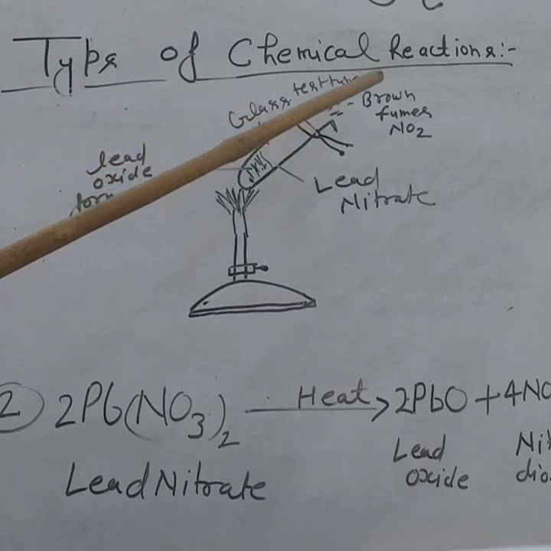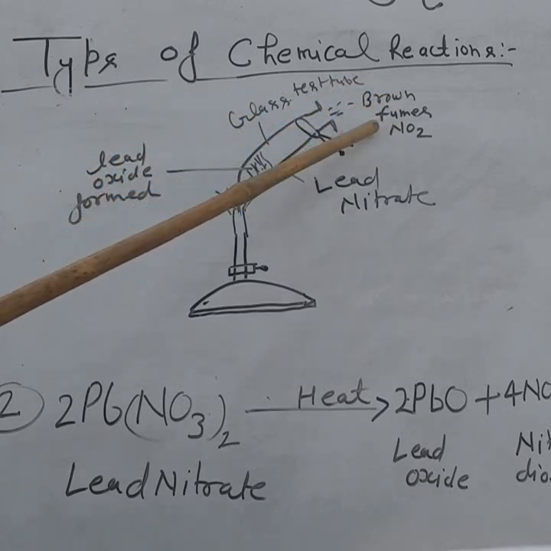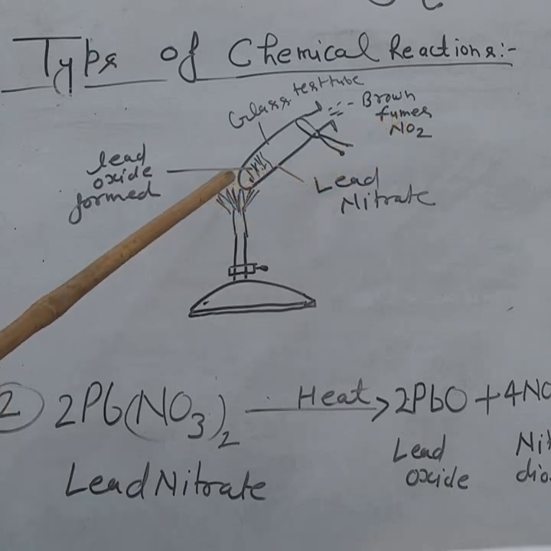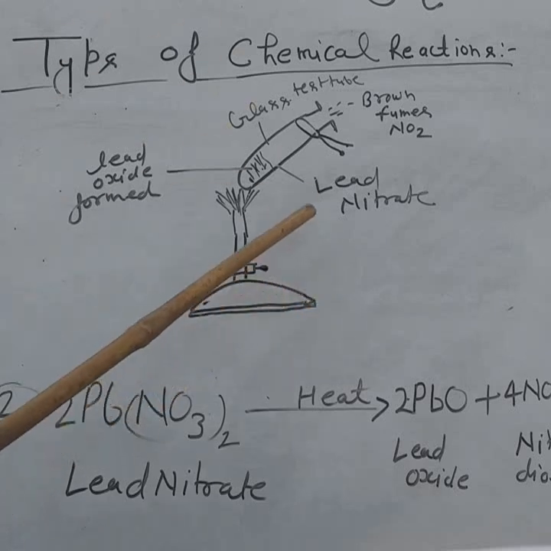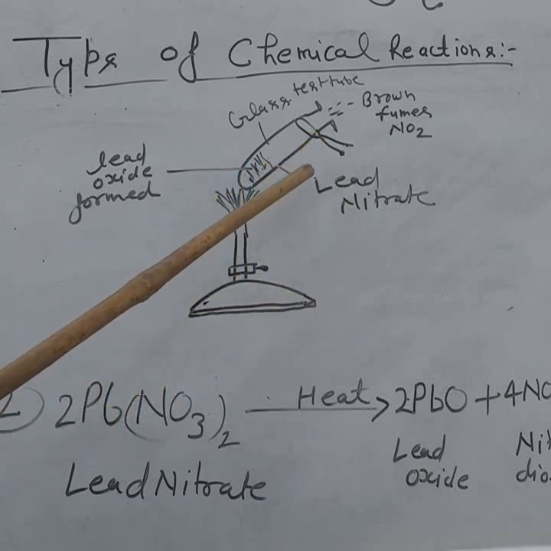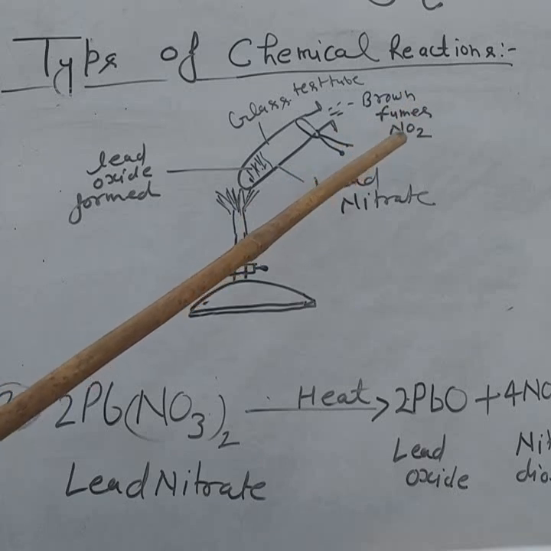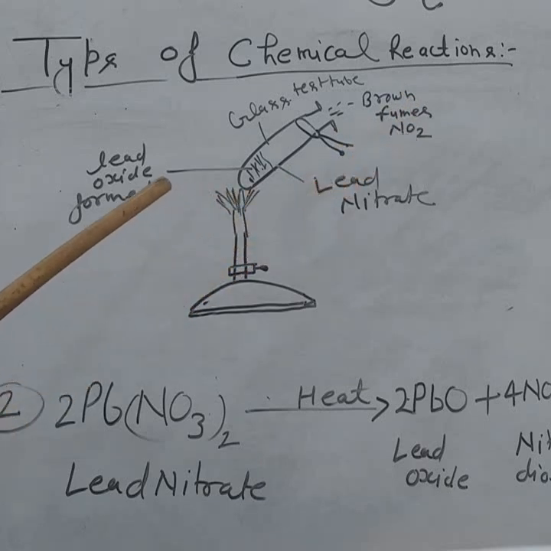These brown fumes are nitrogen dioxide and the yellow color is the lead oxide. So, lead nitrate decomposed in the presence of heat gives brown fumes of nitrogen dioxide and a yellow colored precipitate, lead oxide, and one gas is obtained.